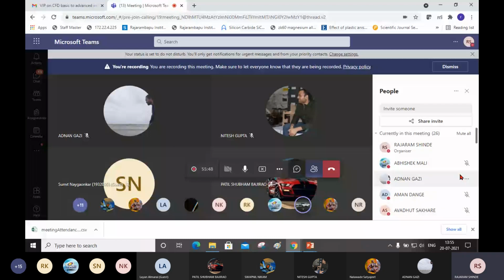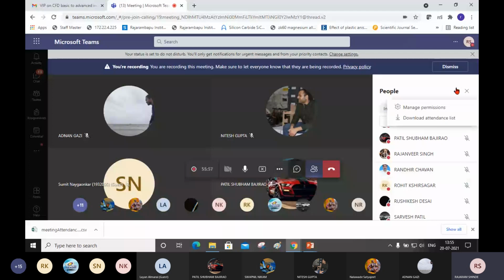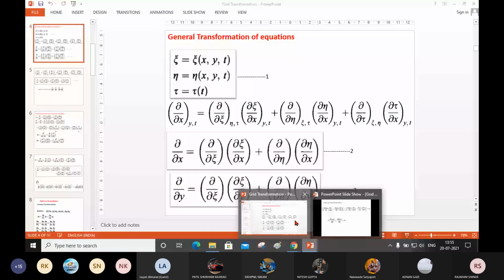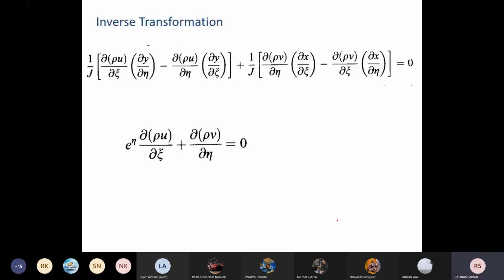Okay. Next, I will move to the next one. Next is the concept of boundary fitted coordinate system.